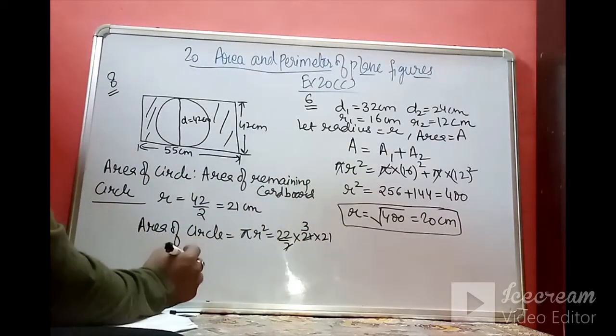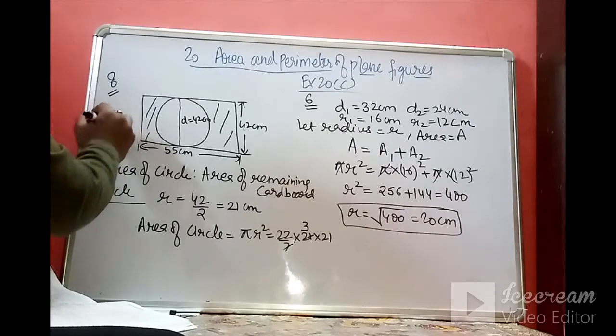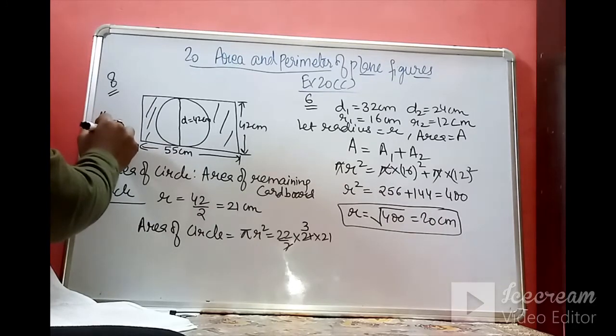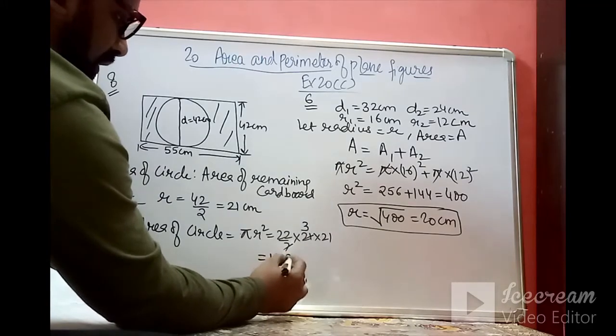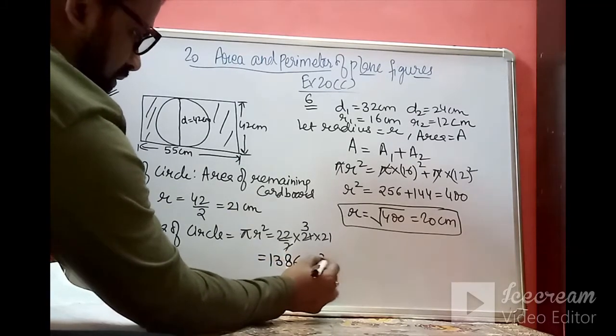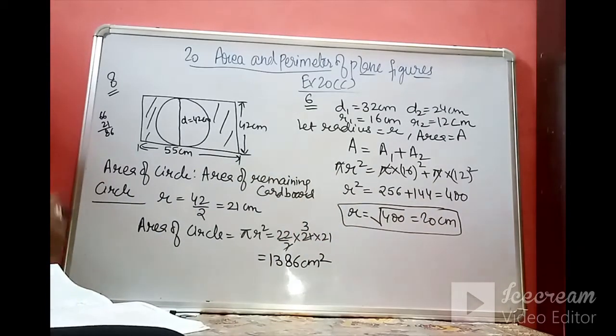Then it is 66 into 21, 1386 centimeter square. So this will be the area of the circle.